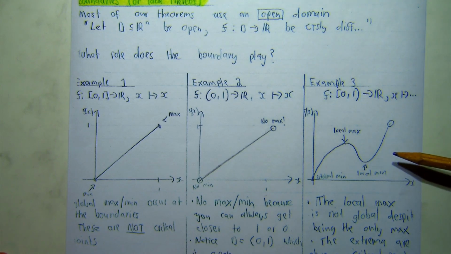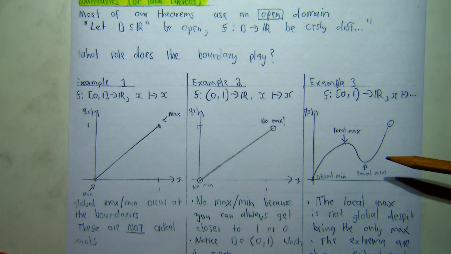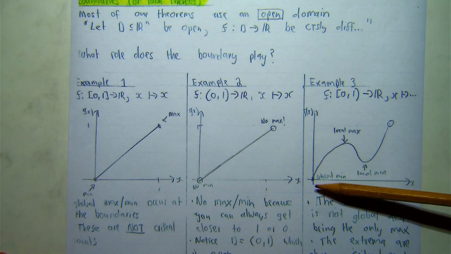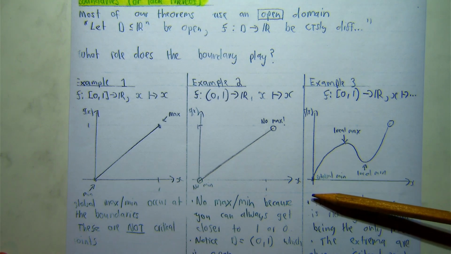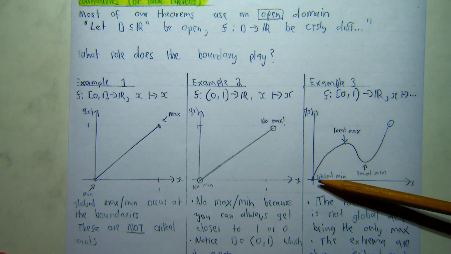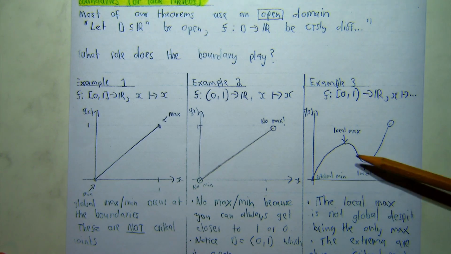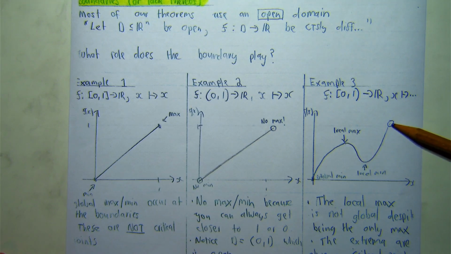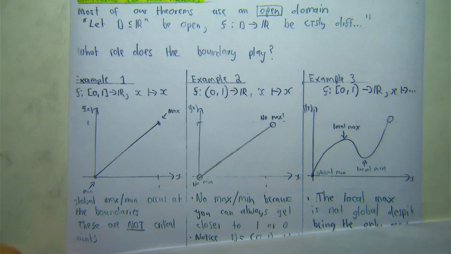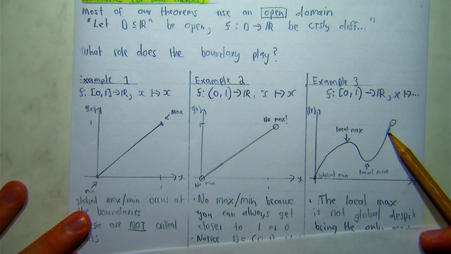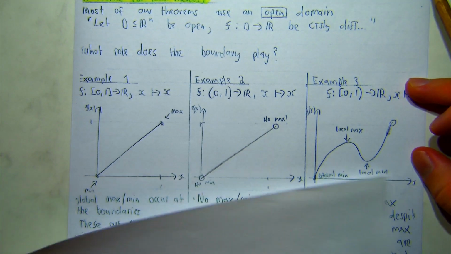In this example, the local max and the local min are not necessarily the global max and min because our boundary is going to be the global min in this case, and our local min is not smaller than this boundary point. And our local max is also not a global max because there are boundary points, all of these ones up here, that are larger in function value than this one.